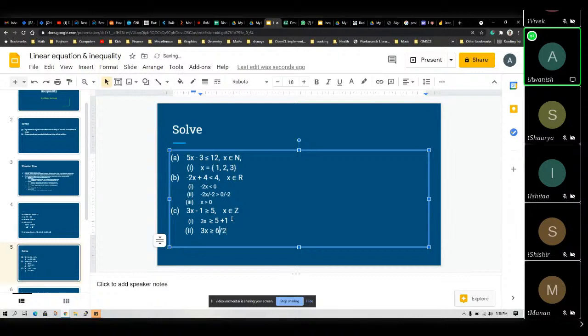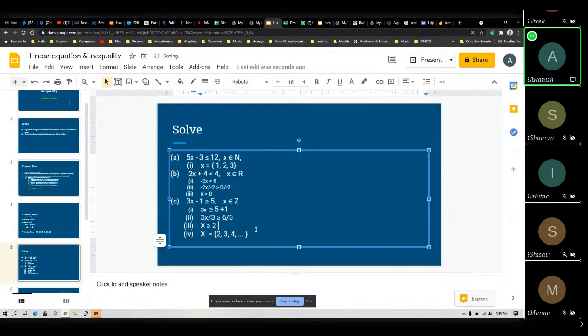We can divide by 3 on both the sides, and then it becomes x greater than or equal to 2. So the set becomes 2, 3, 4, 5, and so on. So how do we write? X equal to 2, 3, 4, dot, dot, dot. Three dots denote it's continued. Okay?